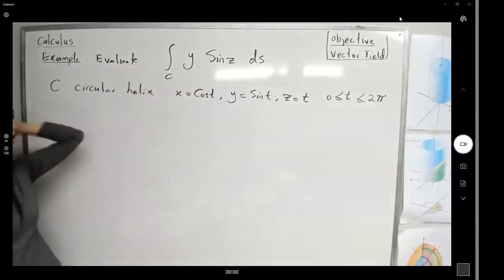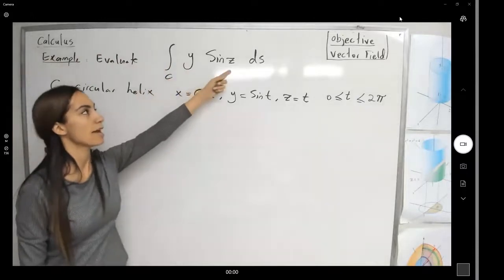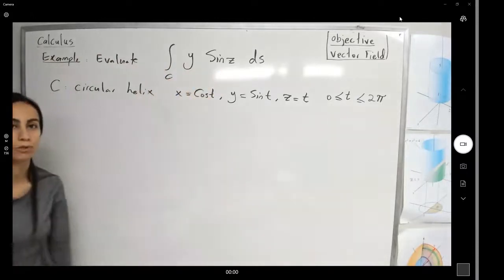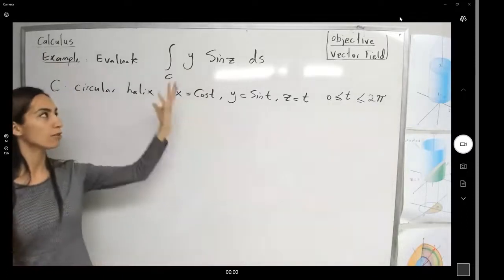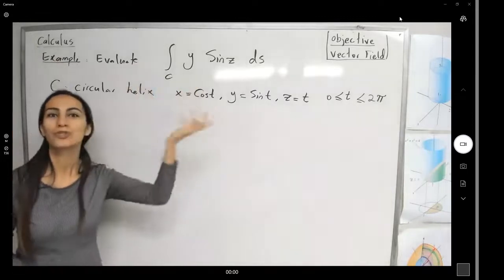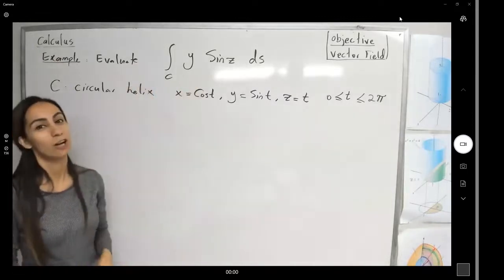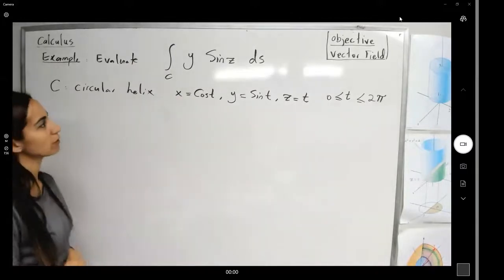As you can see, you only have one integral and you have excess variables. It means that we have to get rid of one of these variables somehow so you're able to calculate this line integral. Very well.